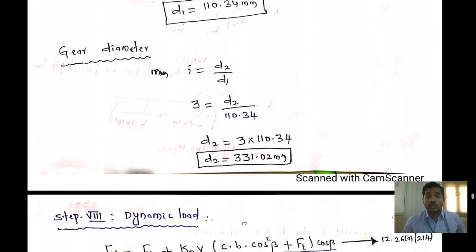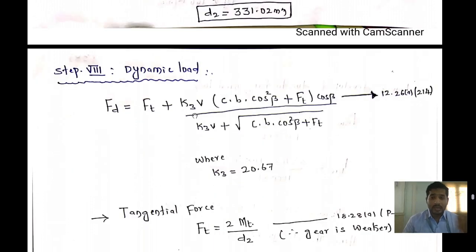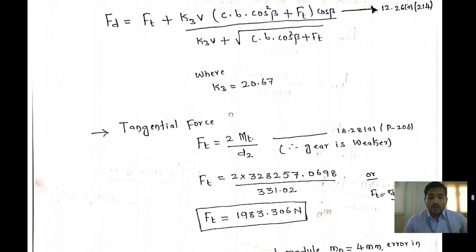After that our intention is that we need to find out the dynamic load, because he's asking you to solve the dynamic load factor value. If you want to find out the dynamic load, then you have to refer to this equation from page number 214, equation number 12.26a. Okay, and K3 is 20.67. So the tangential load we have the formula is 2 into moment of torque by d2.